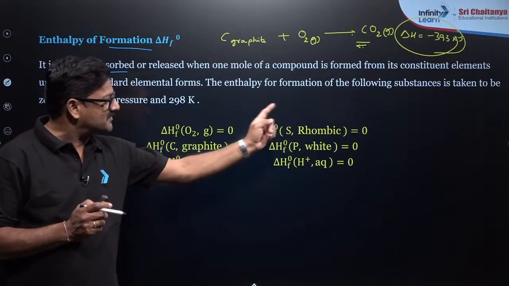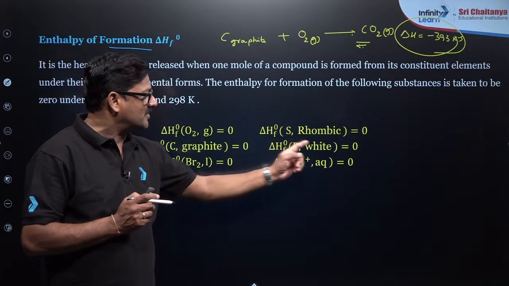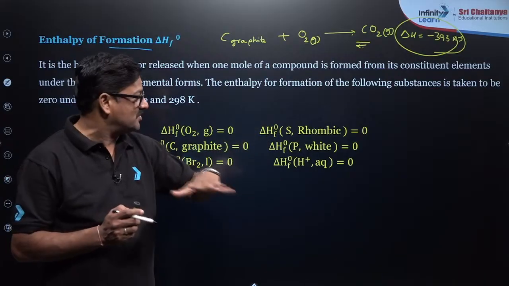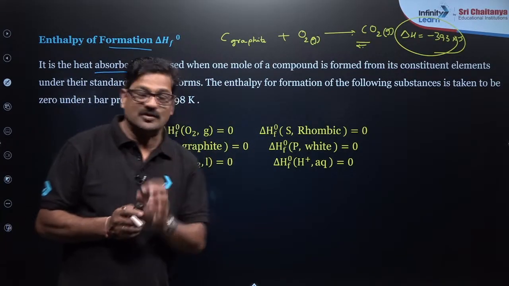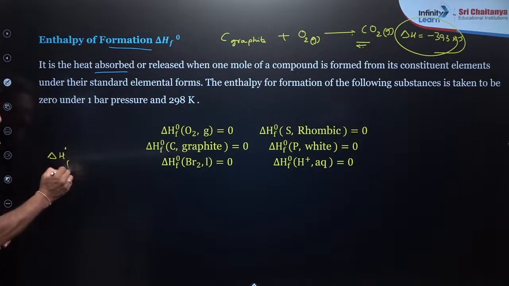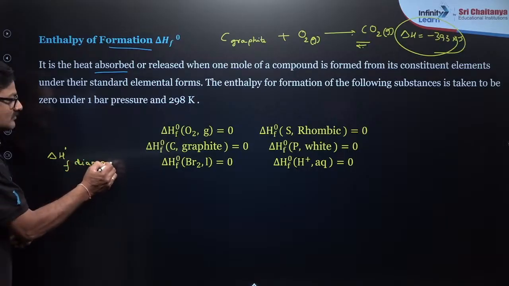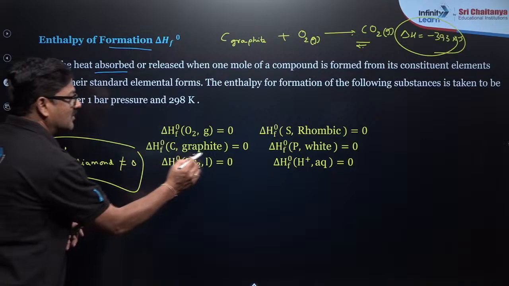Sulfur in the rhombic state is 0. Phosphorus as white phosphorus is 0. Enthalpy of formation of H plus in the aqueous state is 0. You know one thing, enthalpy of formation of carbon in the diamond form is not equal to 0, but graphite is 0.